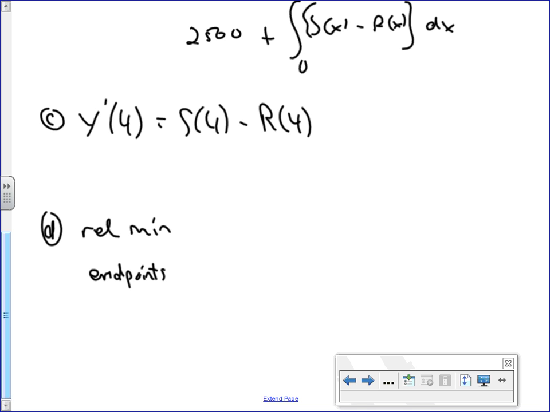Relative min of what? Wait a minute. Listen to the words. Relative min of what? The amount of sand. That's y. And you do that by using y prime. Y'all see? Okay. So the relative min of y. So that means you need to set y prime of t equal to 0.